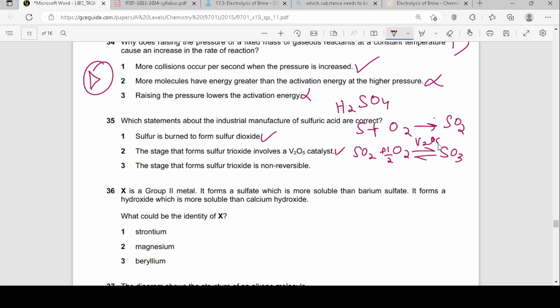So you do use a V2O5 catalyst for that, and what was the temperature? You use 2 atmospheres pressure, and I don't actually remember the exact temperature. Was it 450 degrees Celsius? I think so. You can correct me in the comments if I'm wrong, but as I remember, the temperature is 450 degrees Celsius for that process.